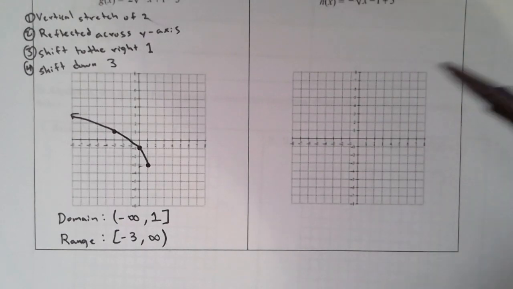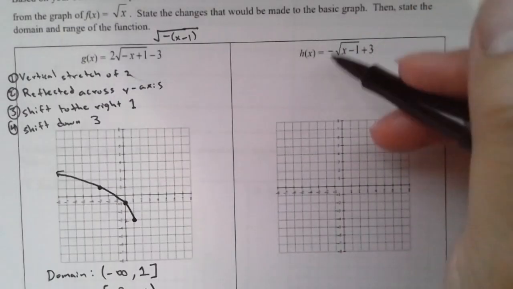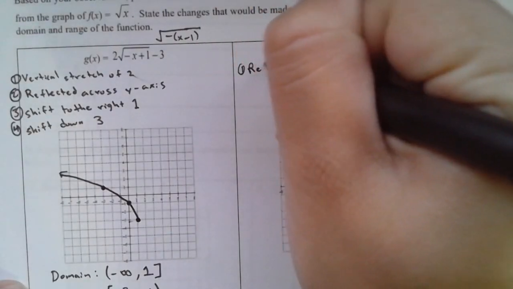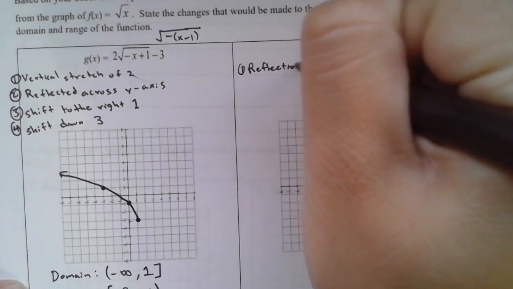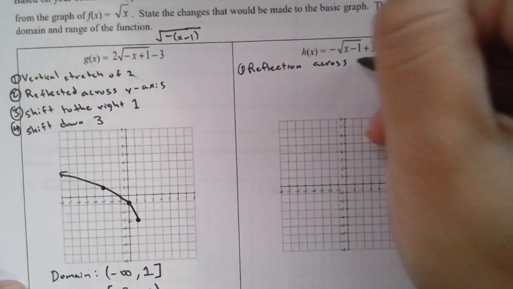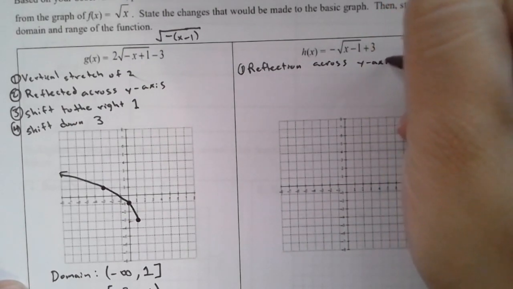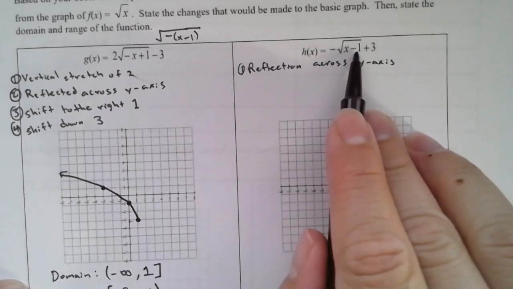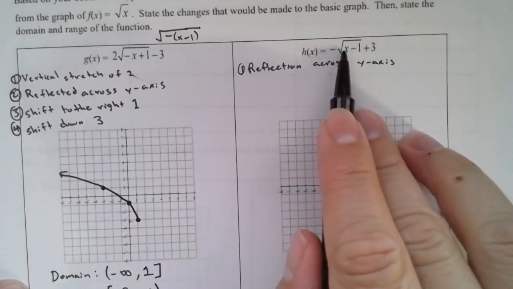So let me see. I have a negative in the front, so I know I have a reflection across the y-axis. I have no negative in front of the x, so it's just x minus 1.